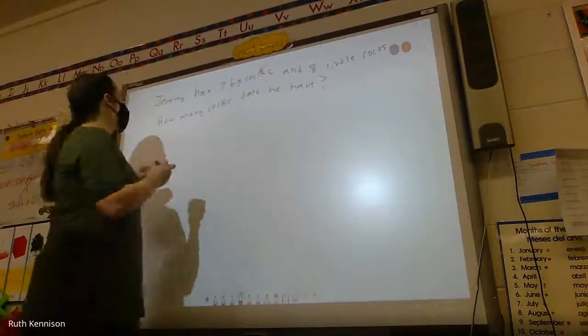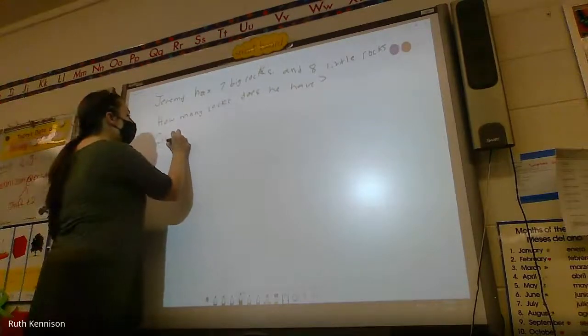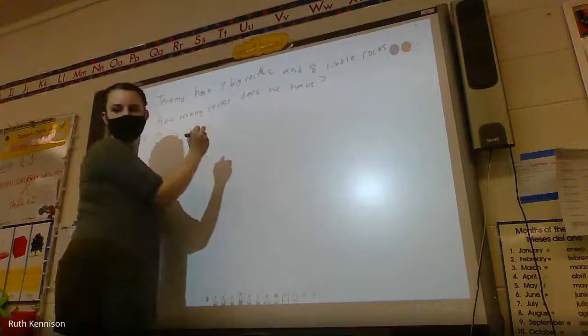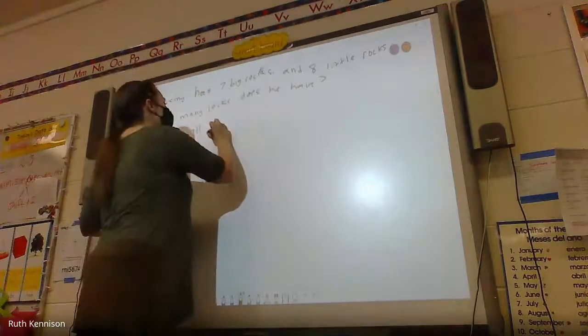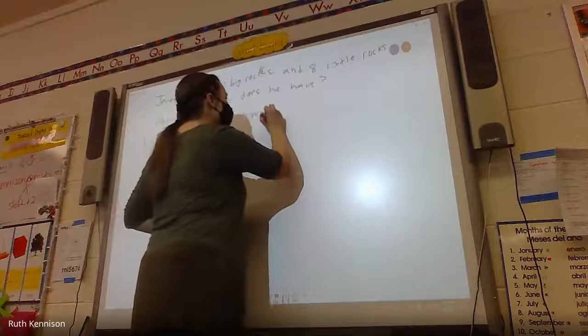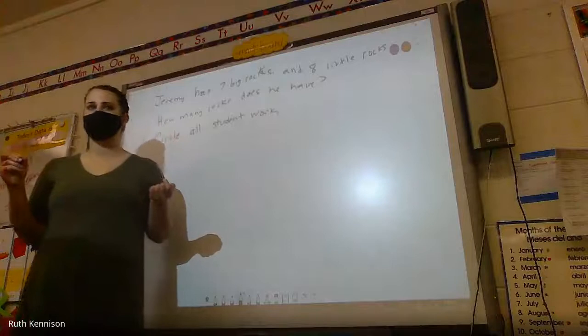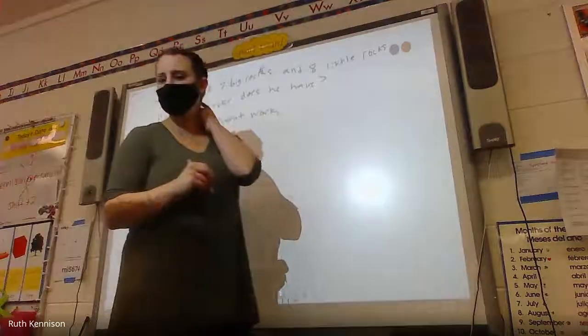So now, it says in number 1, circle all students' work. Now finish the directions, because otherwise you just circle everything right now. So you have to finish reading the directions.